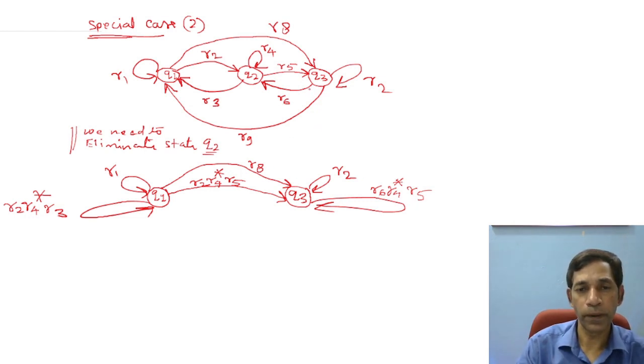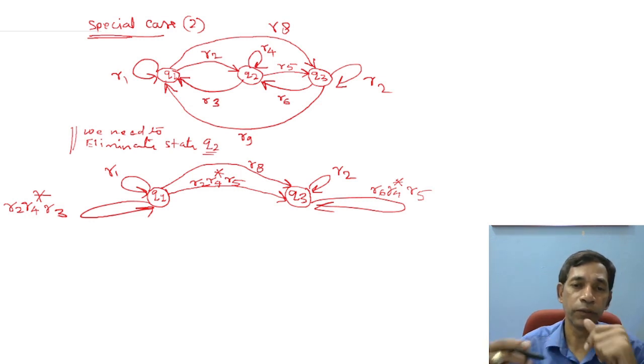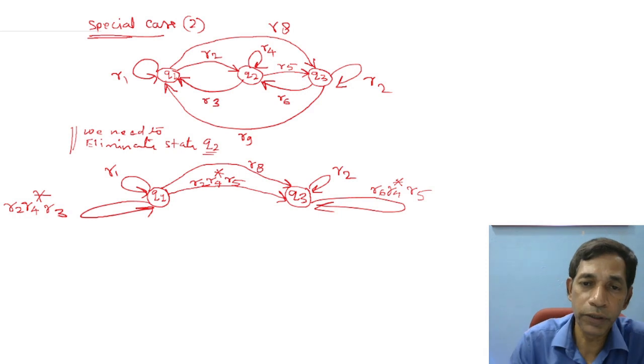The other thing is, you can start from Q3, go to the state Q2, then you have the loop, and then the outgoing edge which goes to the state Q1. So you should have the direct path from state Q3 to Q1.